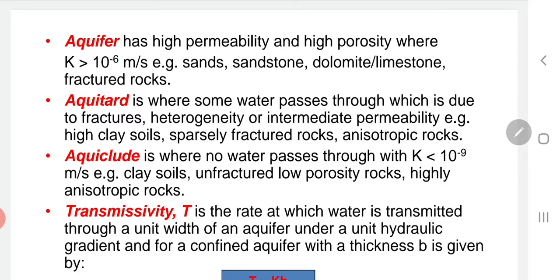An aquiclude is where no water passes through, because the permeability is very low. So K is less than 10 to the power of negative 9 meter per second. For example, clay soils, unfractured low porosity rocks, highly anisotropic rocks.